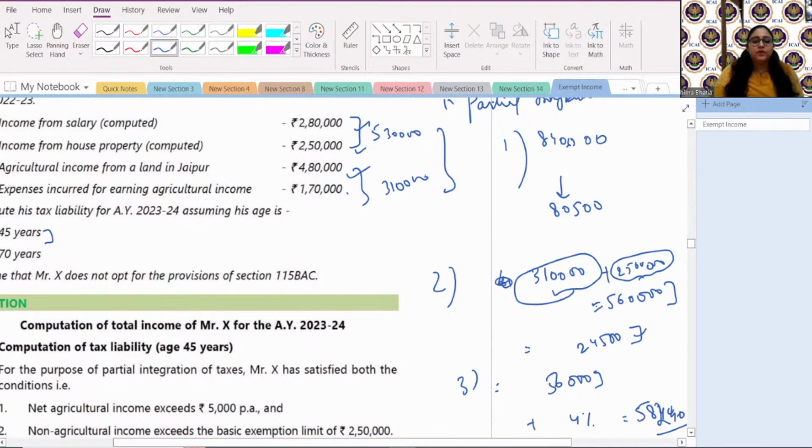So यहाँ पे we cover up the concept of agricultural income. Few good concepts and a lengthy concept, definitions and rules 7A, 7B, 8. Please remember it. Please remember partial integration. That is the most important thing.